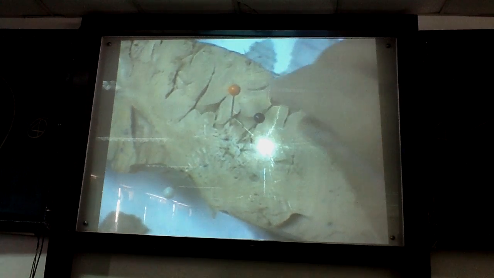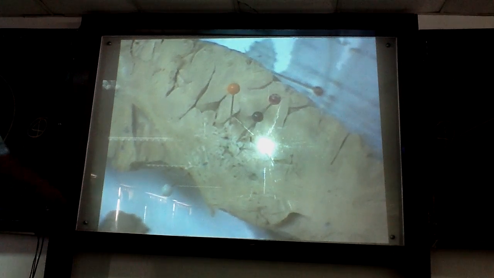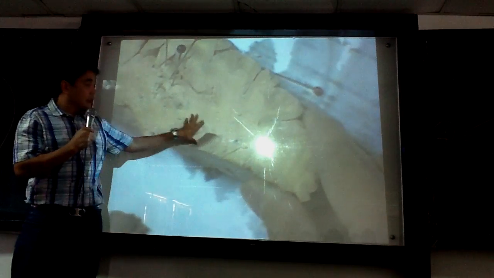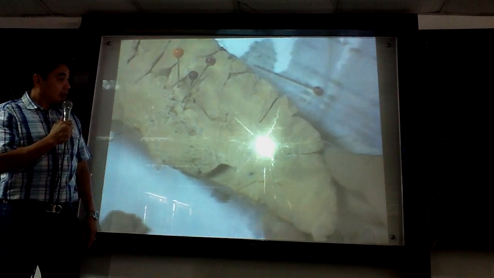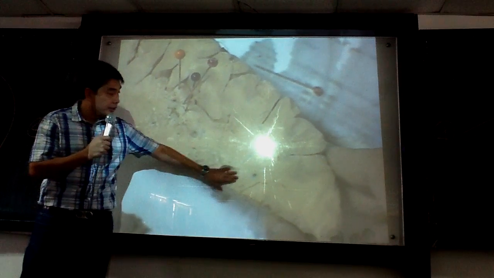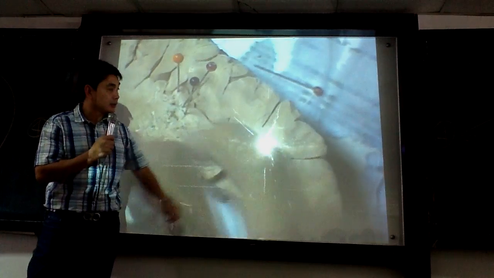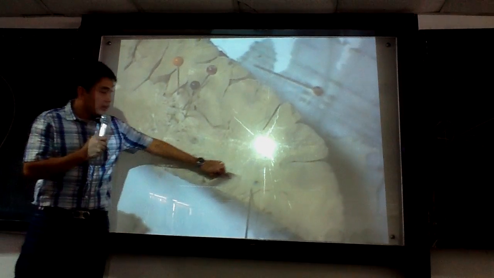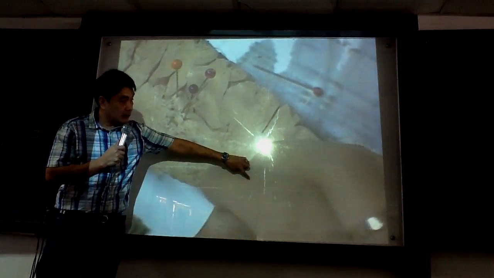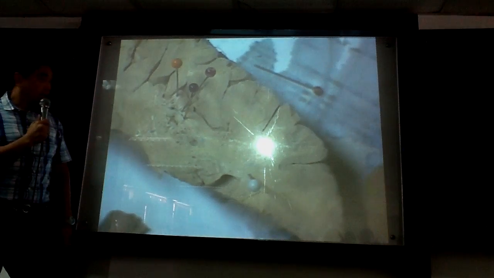Diba, class? Tapos, you have fibers coming here. This is the anterior forceps. Pag dito, pin mo dito sa taas, anterior forceps.